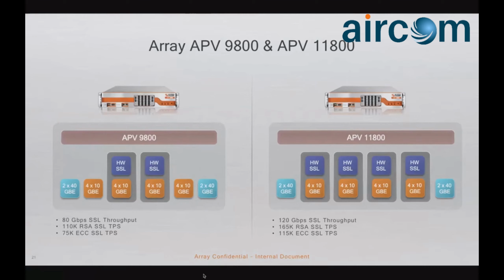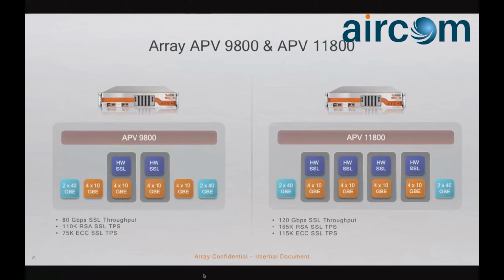Looking at the APV 9800, you can see our ability to do 80 gig in SSL throughput, 110K SSL TPS for RSA ciphers, and 75K TPS for ECC ciphers. You can also see some of the interfaces and how we do the SSL crypto on board, so not only do you have the hardware accelerated SSL, but also the NICs and interfaces needed to enable an SSLI solution like this.